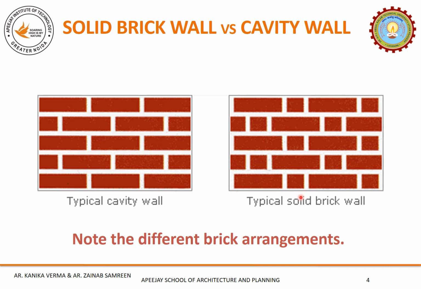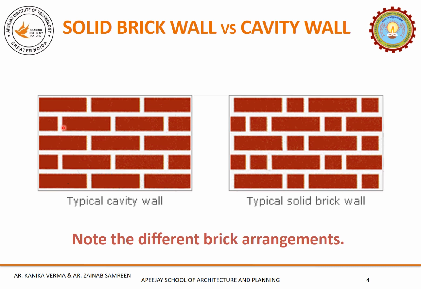This is a typical solid brick wall, and you can clearly identify that this wall is built in Flemish bond style, because you can see one stretcher, one header, one stretcher, one header, and the same goes in the other courses as well. On the contrary, when you see the cavity wall elevation, only stretchers can be seen, because it may be the outer wall and it may be just a half brick thick wall.